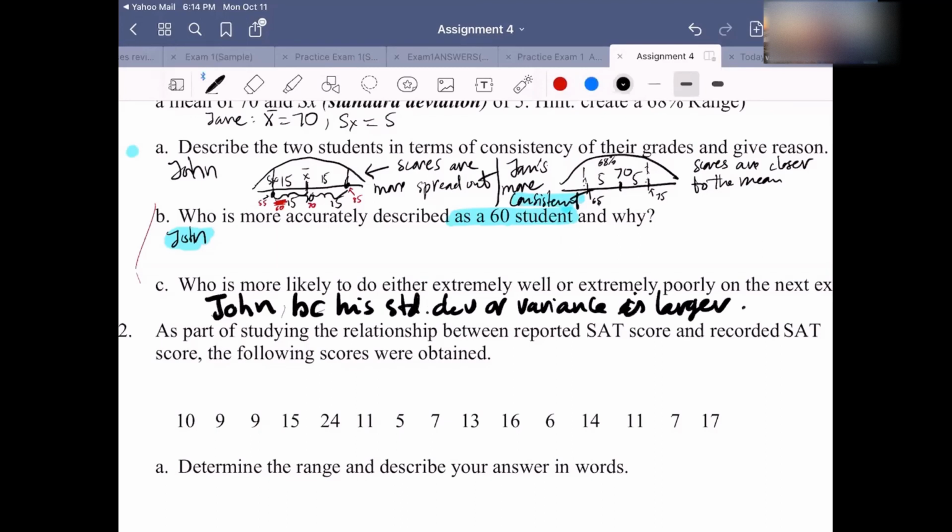That means that his scores are more spread out. All right, yeah. So his standard deviation is larger. Therefore he can do very good or very bad. So on the exam, if they ask this question, then you should explain it like that, based on their standard deviation or variance. Okay.